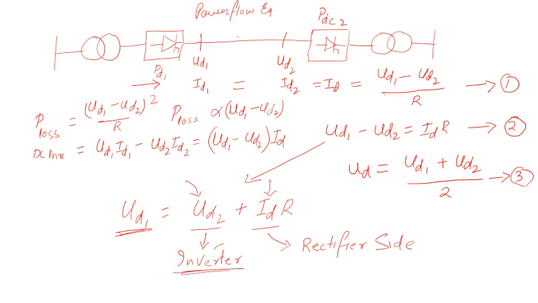Under normal conditions, the inverter determines the voltage of the DC system, and the rectifier decides the current of the DC system.